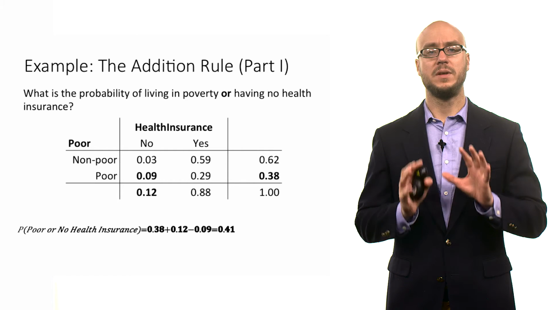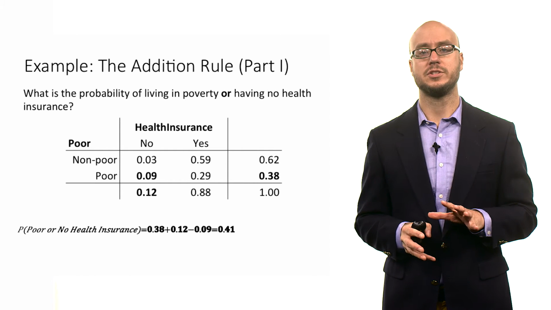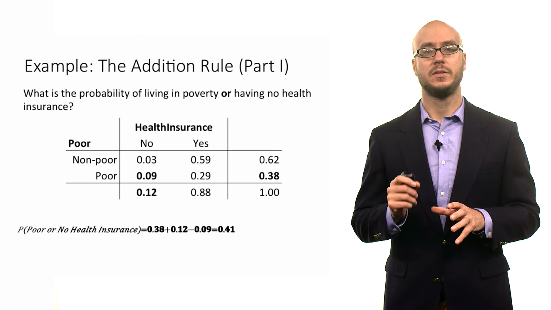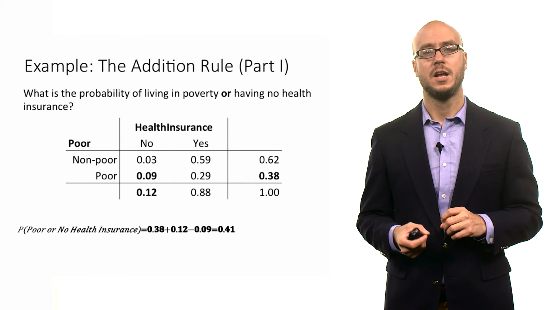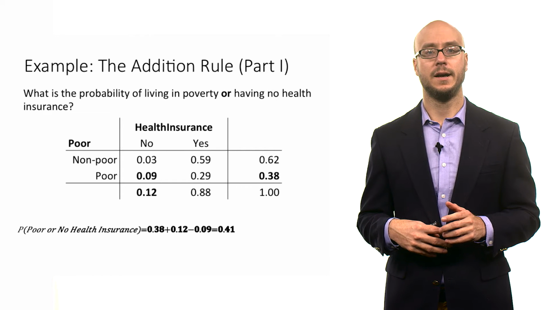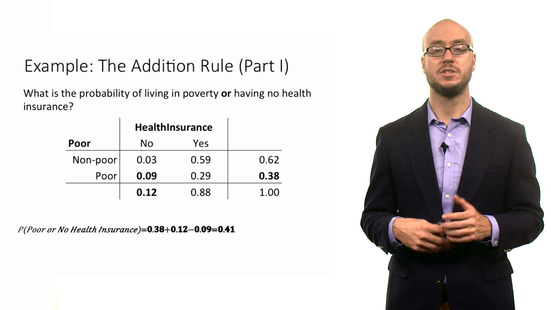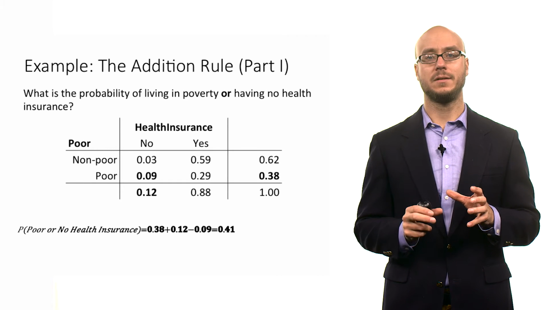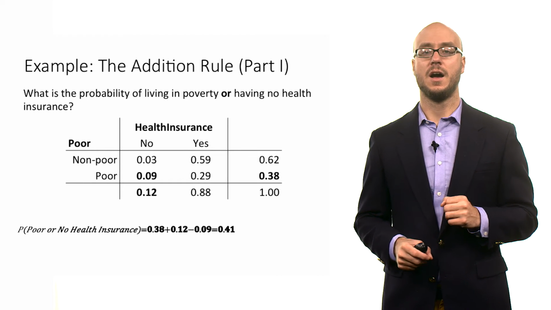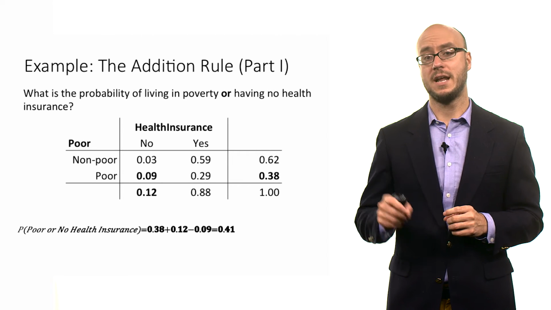So the probability of being poor or having no health insurance is simply the overall probability of being poor, which is 0.38, plus the overall probability of having no health insurance, which is 0.12. But if we just add those two together, we're double counting that intersection, that probability of being poor and not having health insurance.